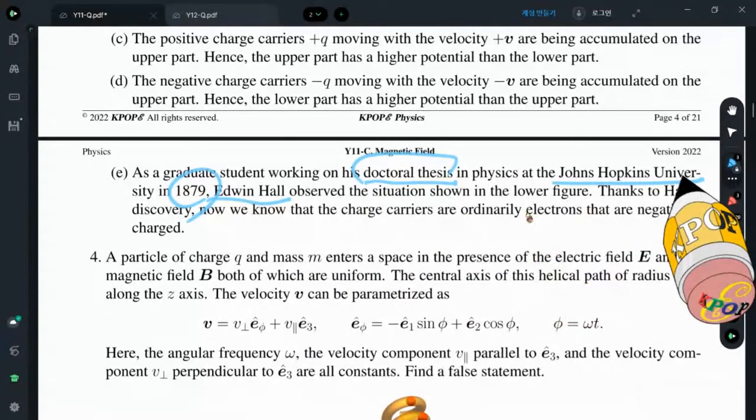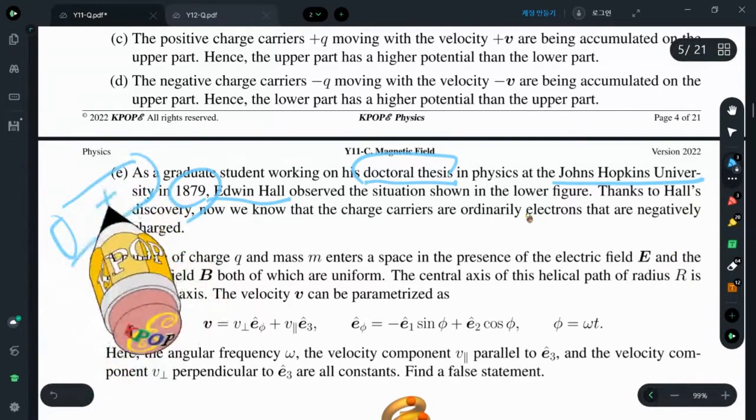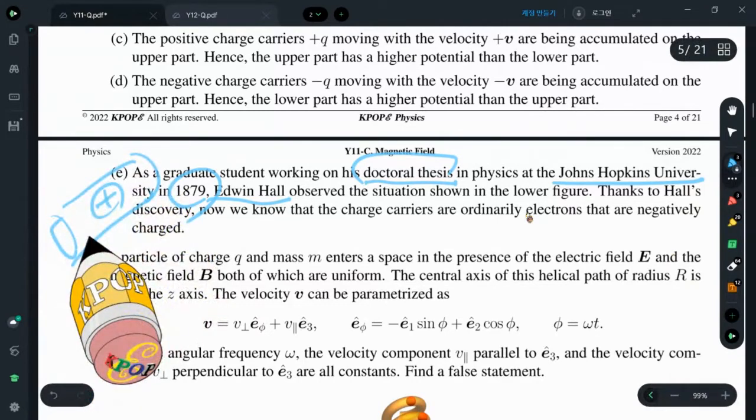He discovered a very interesting thing. Until then, people just ignored whether the charged particles making current inside a wire were positive or not.